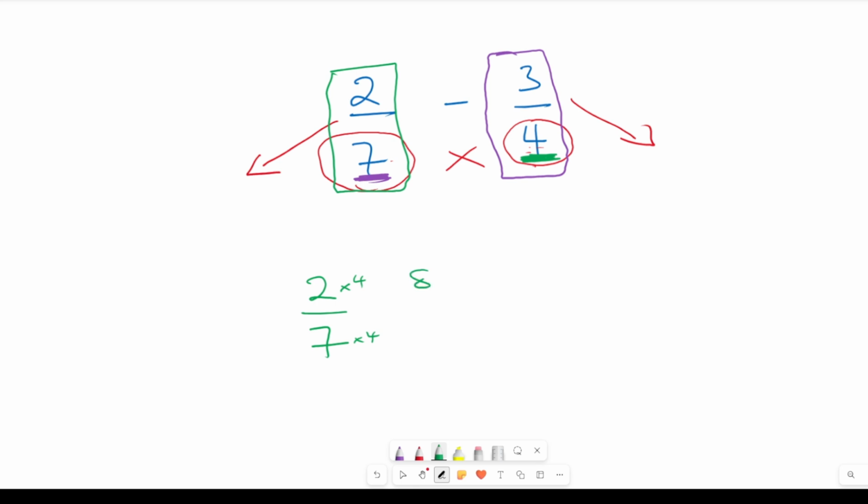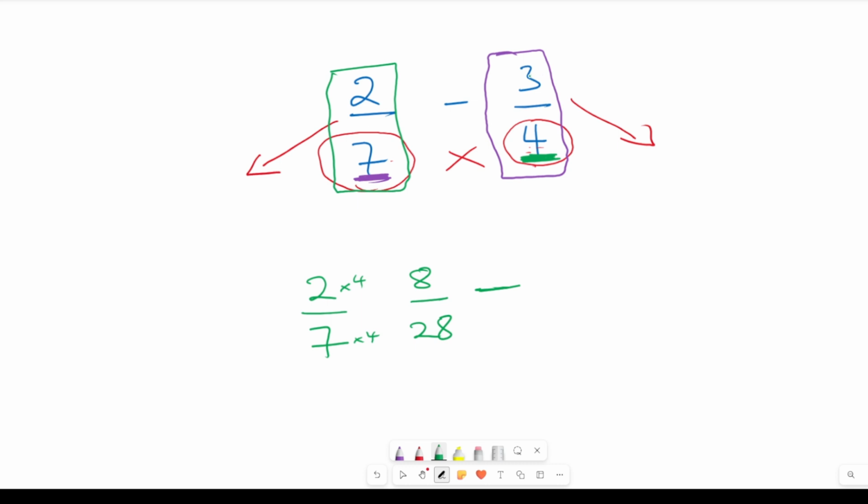That gives me 8/28. So 8/28 is the same value as 2/7. Technically, I've not done anything to it. I've not reduced the value or increased the value. I've just found an equivalent fraction for that. And then the usual minus comes.